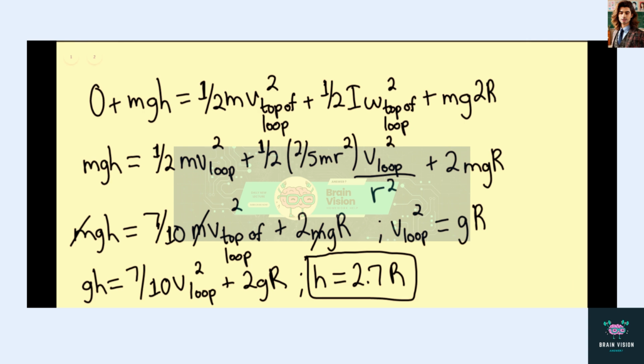The gravity then cancels out, and you have that the height of the release must be equal to 2.7 times the radius of the loop that the marble is trying to go through, essentially. So this would be your answer for part A.